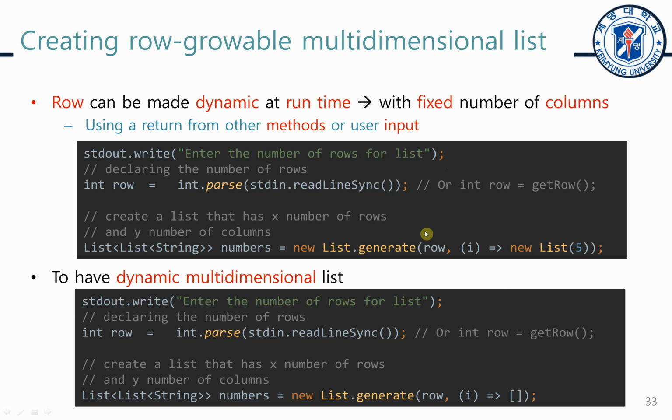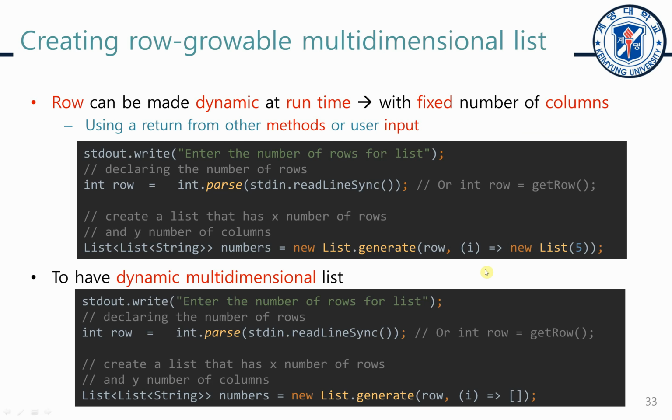row growable, or we can have some kind of method that will return the row, and then we use this row to make our row growable. And then the number of columns can be limited.